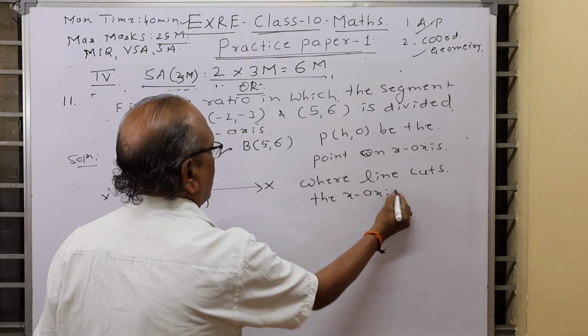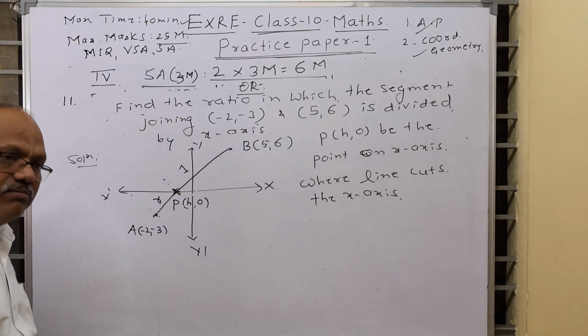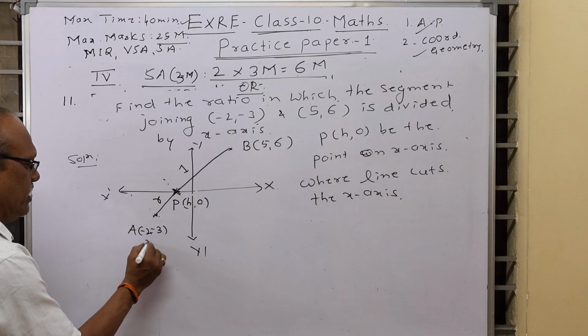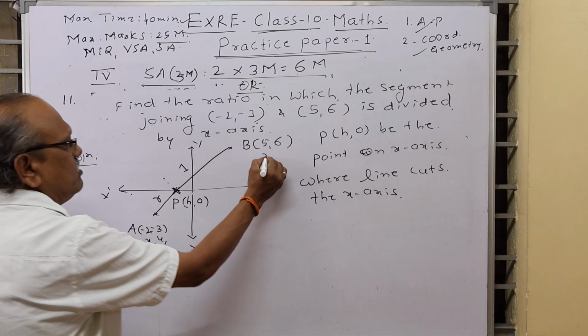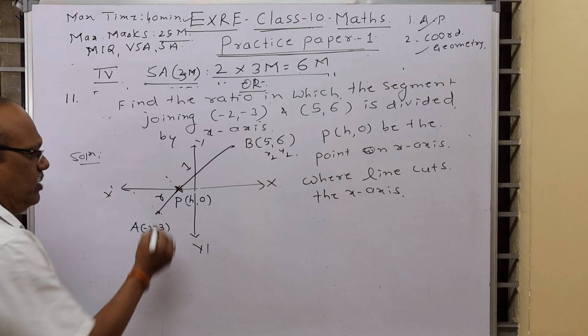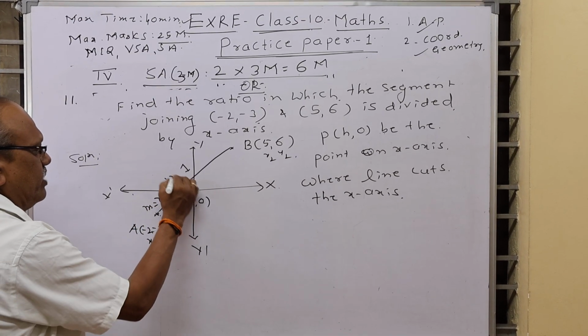Now you can apply once again the section formula for internal division. You try to recall the section formula. This one is x1, this one is y1, this one is x2, this one is y2. The ratio is r:1. You can consider this one as m and this one as n.